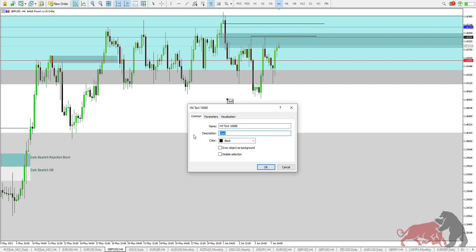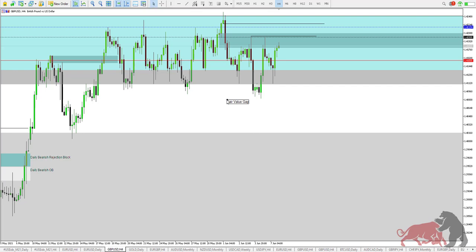Now all this, this structure that I'm marking, is inside our daily bearish rejection block. Now once we trade above, they've cleared the buy stops above these two equal highs. Now that's your trigger.